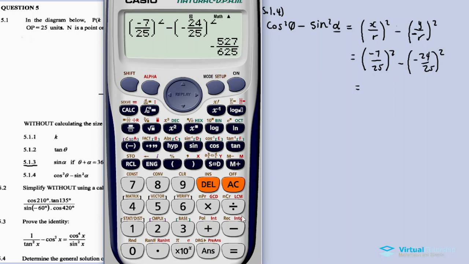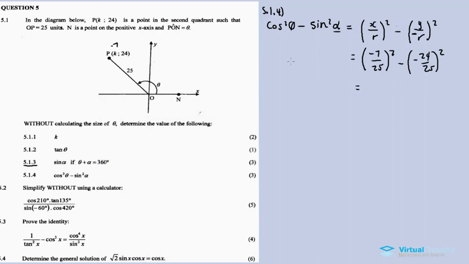Answer is negative 527 over 625. Okay, capture it properly. Now 5.1 ends here, the questions on our sketch end here at 5.1.4.